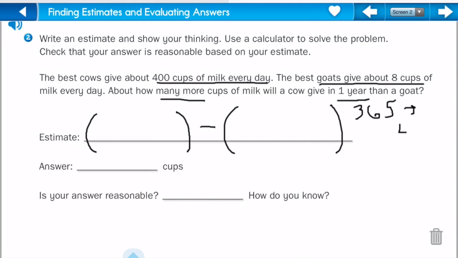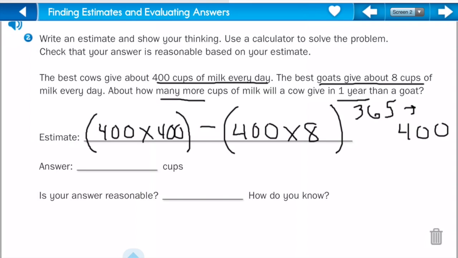Good, I was thinking 400. So we know that we're going to be multiplying each number by 400. The cow gives 400, so we're just going to multiply that times 400, and the goat gives 8, so we're just going to leave it like that.